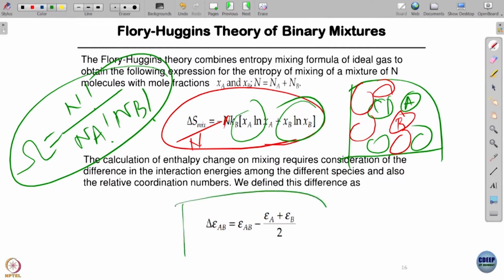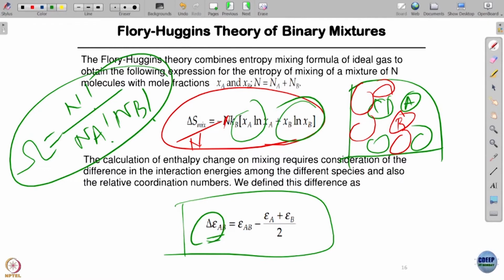Now comes something extremely important, which we have been talking about but have not quantified: how do I talk of A and B as different from each other? I need a quantification. That is done by this discriminant. I introduce a term delta epsilon AB.